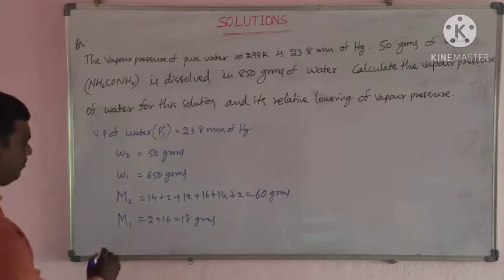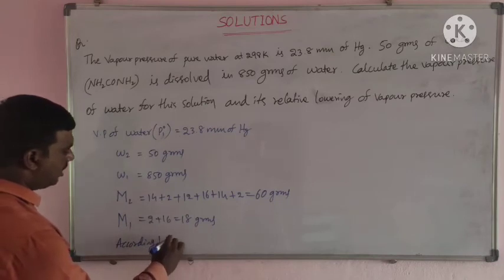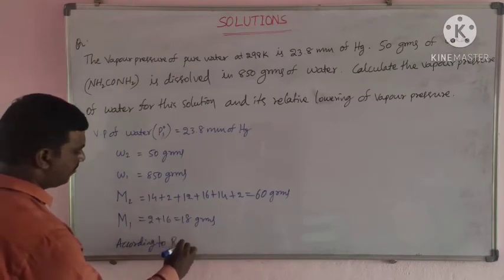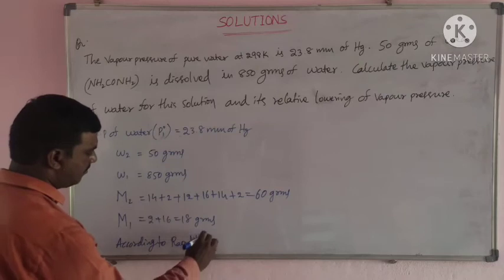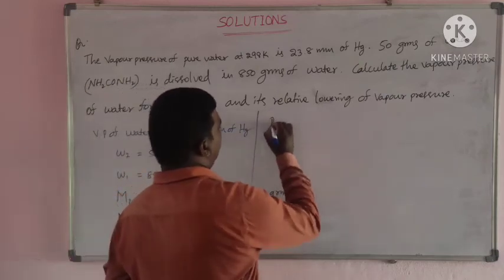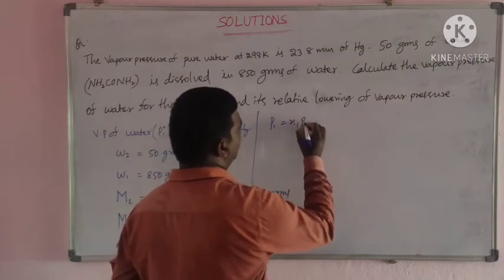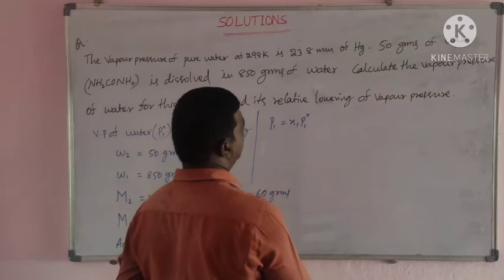According to Raoult's law, we know that P1 is equals x1 into P1 naught.